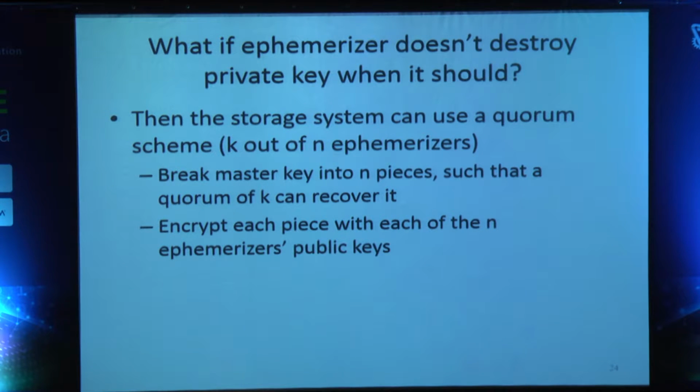So you break it into 20 pieces, encrypt each one of the 20 pieces with a different ephemerizer's key, and then when you need to recover it, as long as 3 ephemerizers still remember the private key, you can recover it. So it's a K out of N scheme, and you choose K and N such that you feel safe.